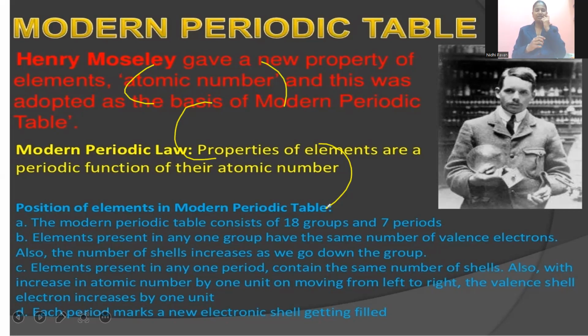The first point here is that the modern periodic table consists of 18 groups and 7 periods. That is 18 columns and 7 rows.